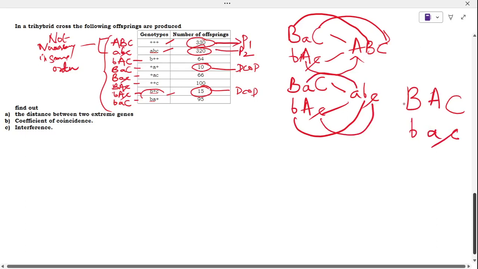This is the combination of the parent. That means capital B, capital A, capital C, small b, small a, small c. This is the parental combination.